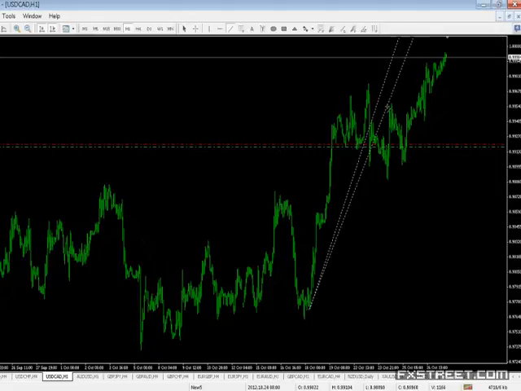I just want to point out, usually when you're drawing the sine wave, you can take it from multiple highs. So I would draw a second line just taking the high there. It's not as sharp as the first line, so you could potentially get completion as she hits the underside of one or the other, but that is our target heading north on this particular instrument.